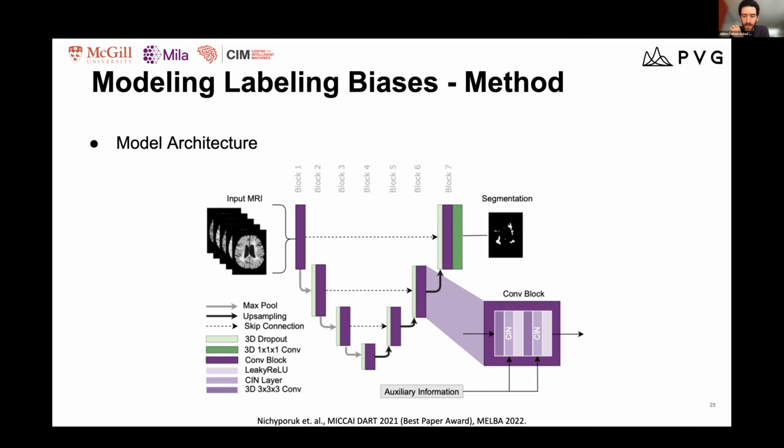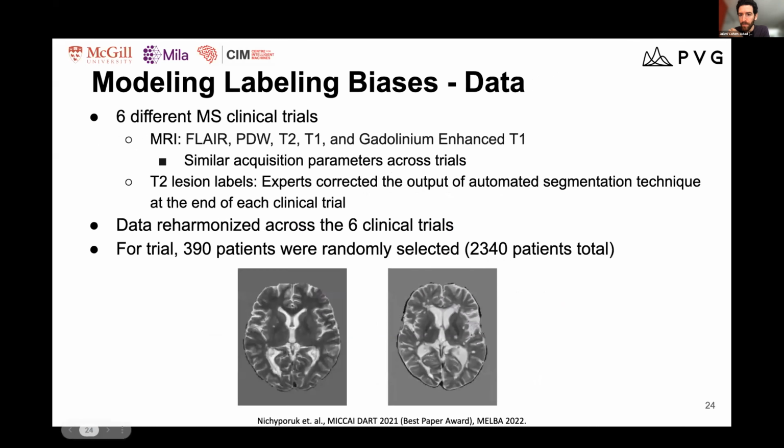I actually had a similar question. You mentioned that you use 6 contrasts. I assume they are co-registered, and then a single label per patient is used, right? You don't create one label per contrast. Oh, I see.